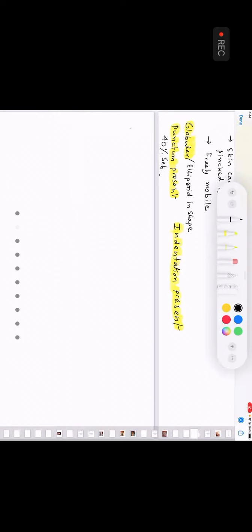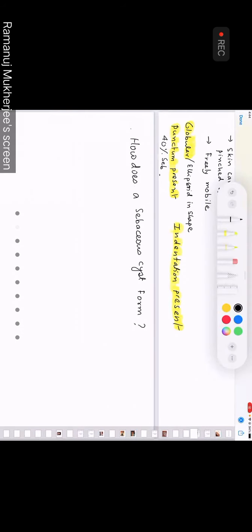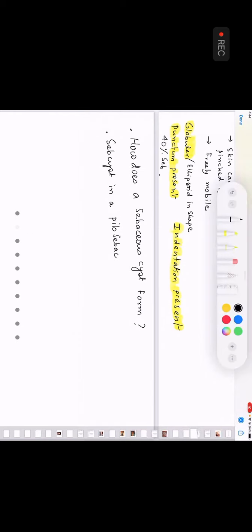The next lot of questions is, how does a sebaceous cyst form? Answer: a sebaceous cyst is formed in a pilosebaceous unit.